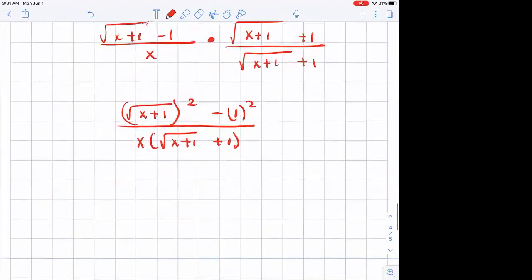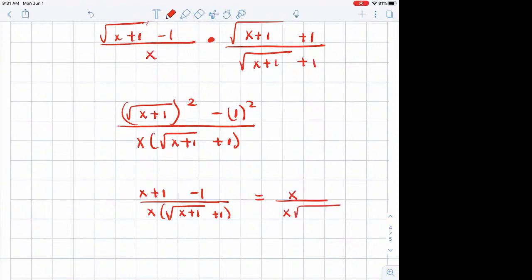Simplifying the top, we're going to have x plus 1 minus 1 over x times the square root of x plus 1 plus 1 on the outside. So at the top, we're going to get x, and at the bottom, we have x times the square root of x plus 1, then plus 1 on the outside.